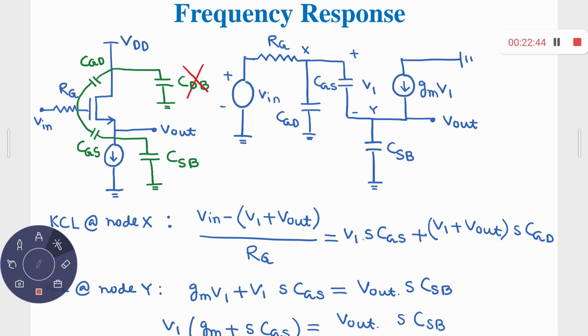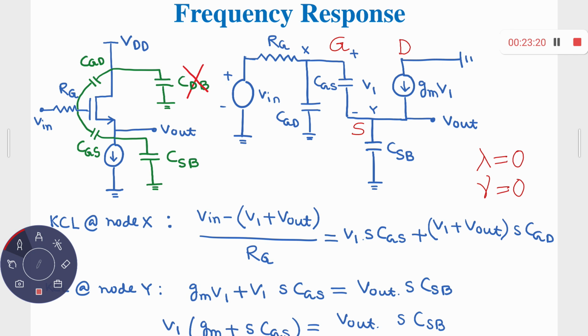Now, if you draw the small signal model, first of all, let me just mark. This is your gate, this one is source, this one is drain. Drain is connected to AC ground. Lambda is equal to 0, that means there is no channel length modulation, and gamma is equal to 0, that means there is no body effect.